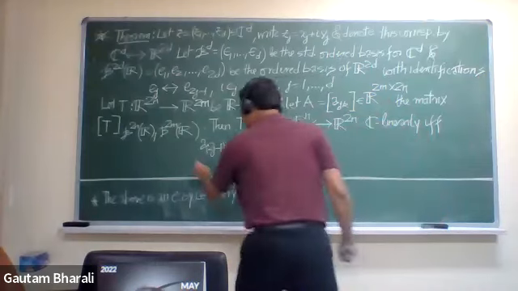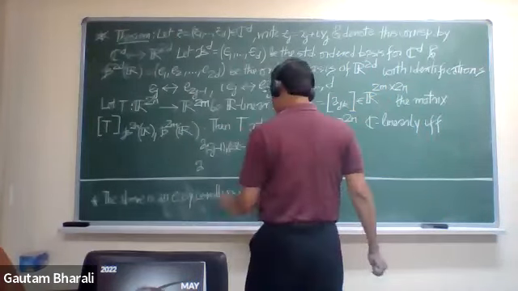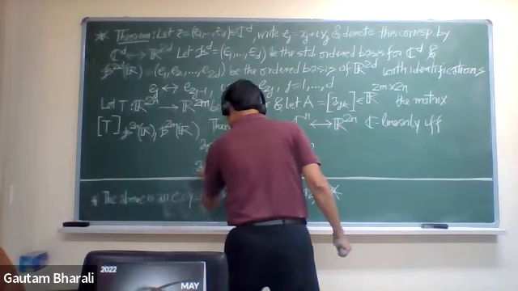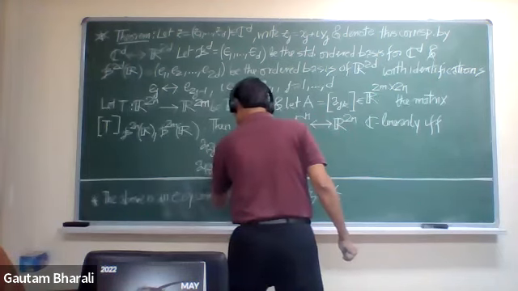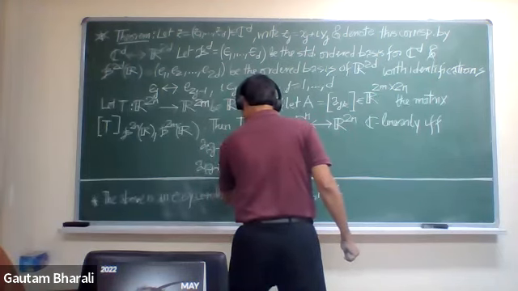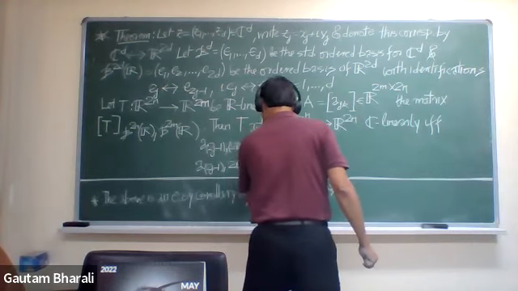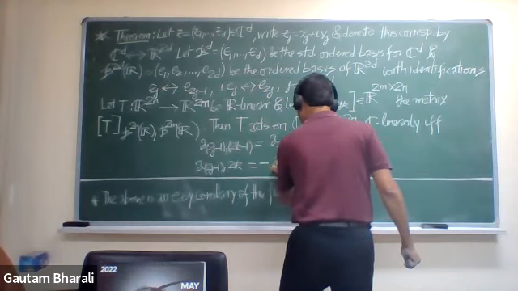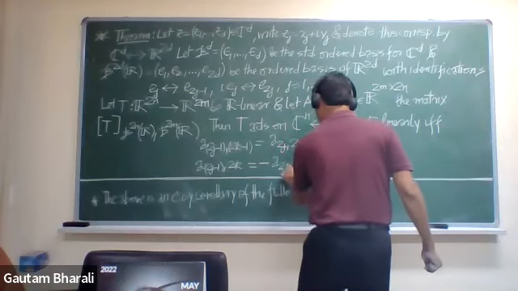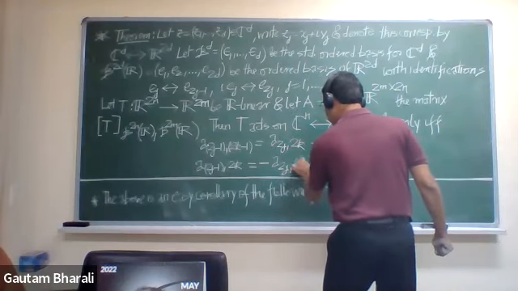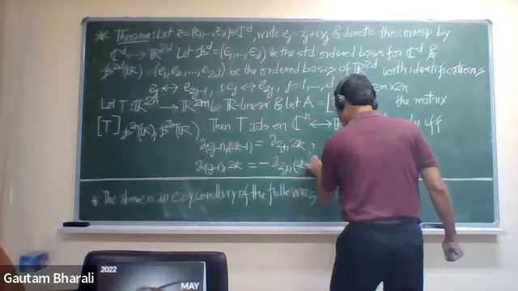And then I have another relation: A sub 2j minus 1 comma 2k is equal to negative A sub 2j comma 2k minus 1.